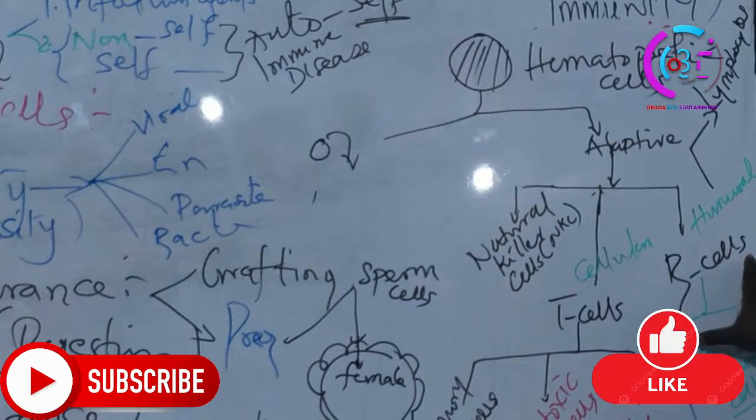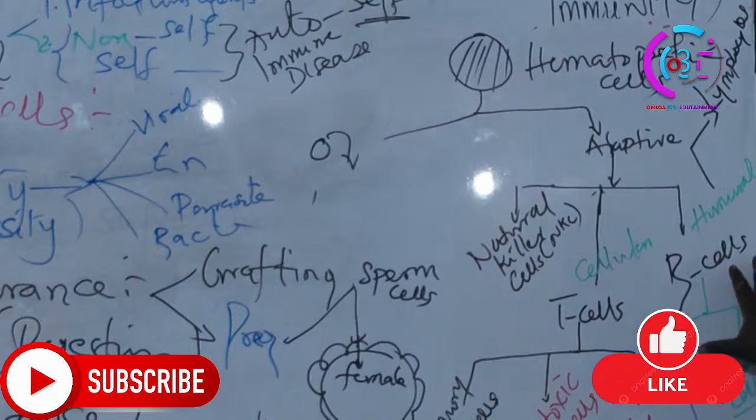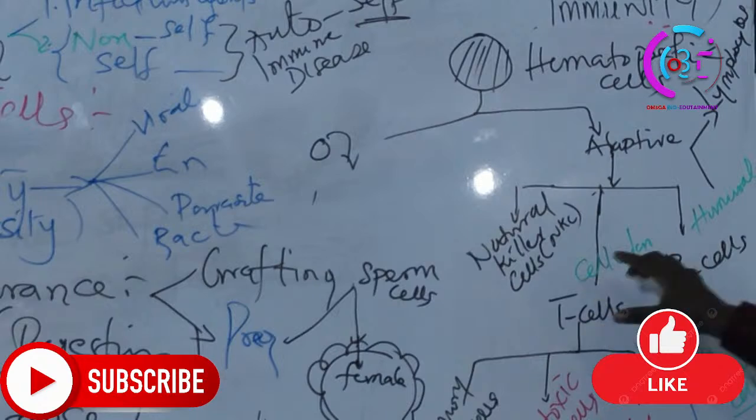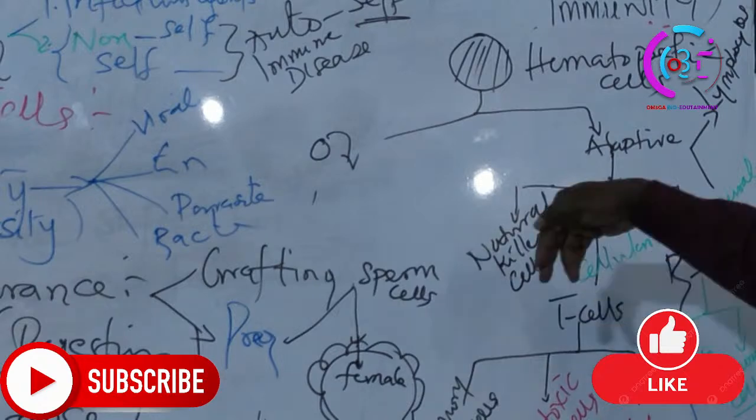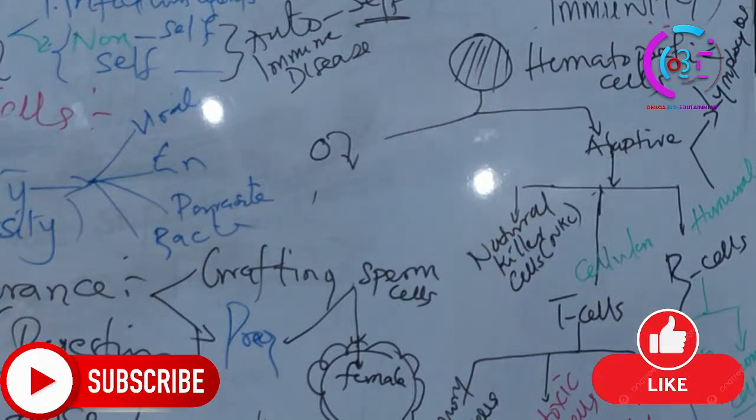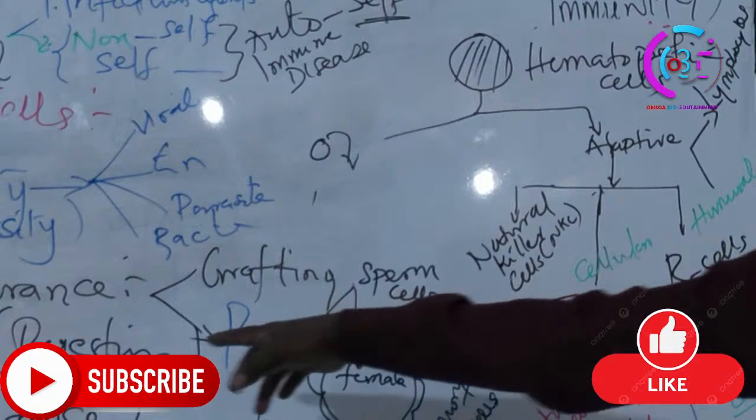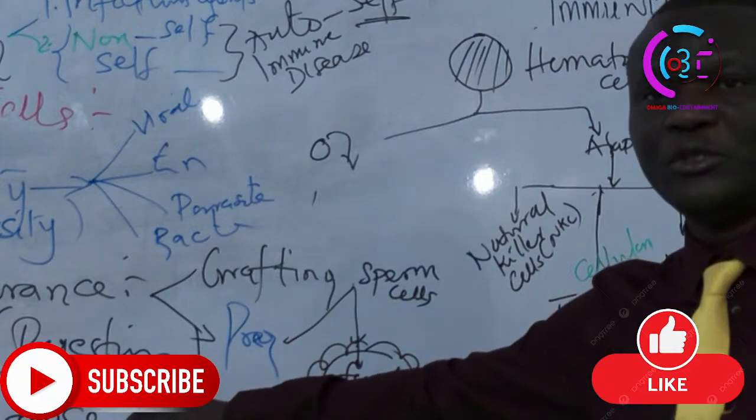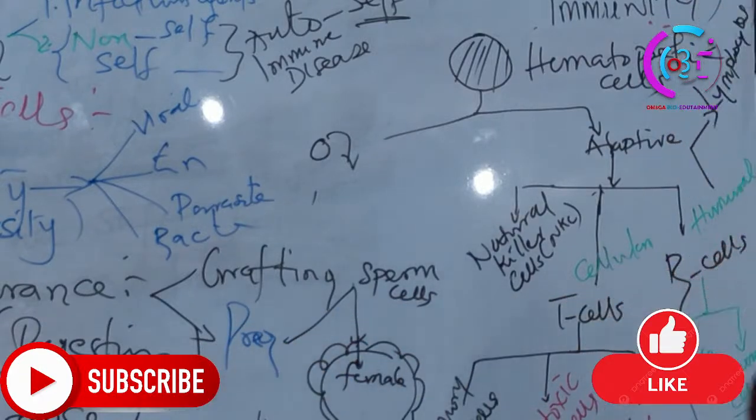By the time we return in the next video, we are going to examine our adaptive immune system, and we are going to start picking them one after the other. We'll pick B cells, we'll pick T cells, we'll pick T regs, that is regulatory T cells. Don't forget that I said the adaptive immune system should be able to regulate. There are some cells that are professional.